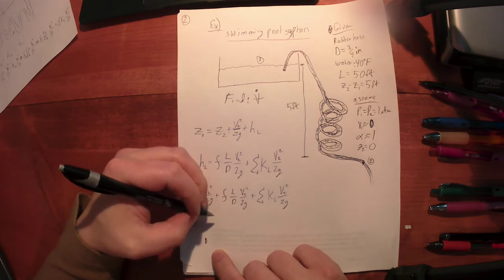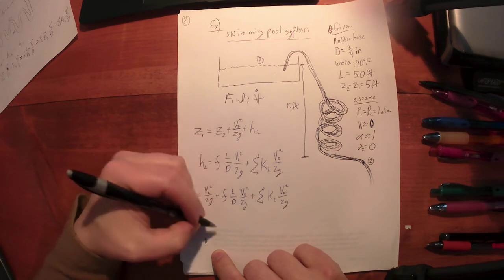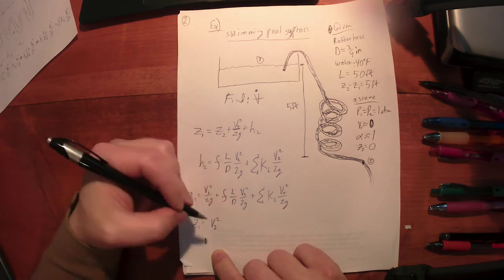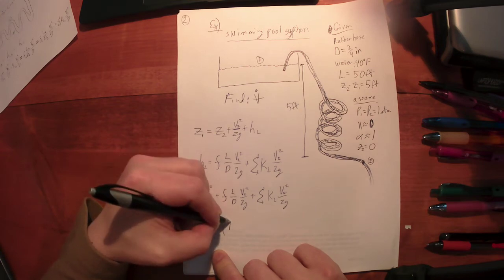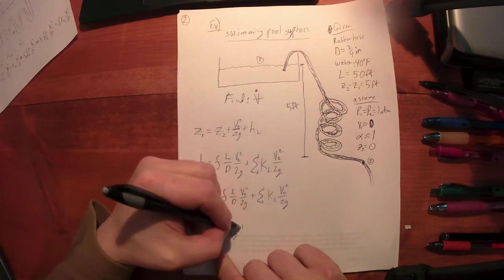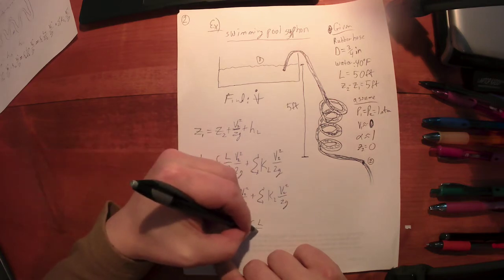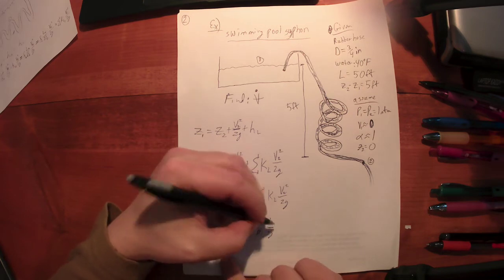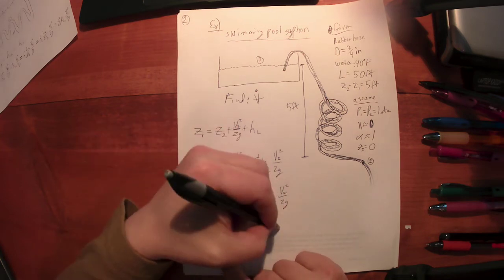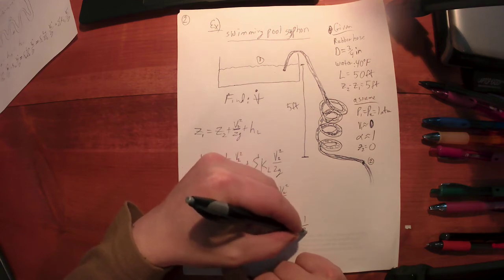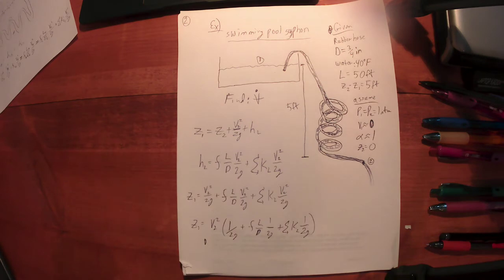Every one of these has got V2 squared in it, so I can just factor that out: V2 squared times 1 over 2G plus FL over D, 1 over 2G. I can factor that 1 over 2G out if you like to. I'm going to leave it in there for right now. You do your algebra however you like. I think that's going to be easier. I don't know, maybe it's not any easier.